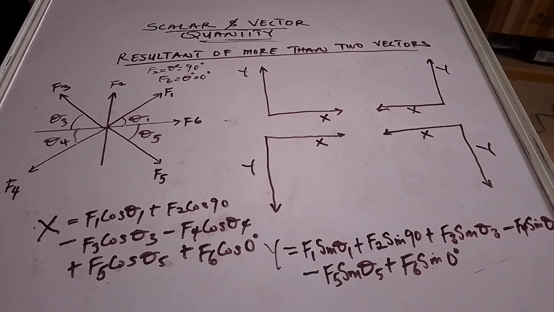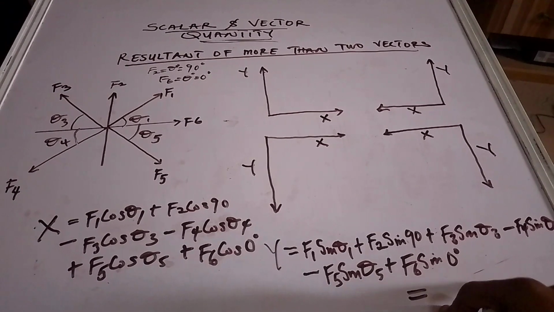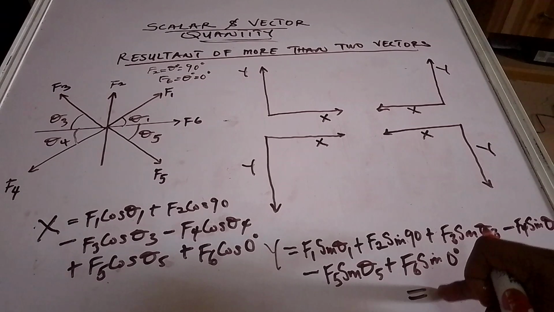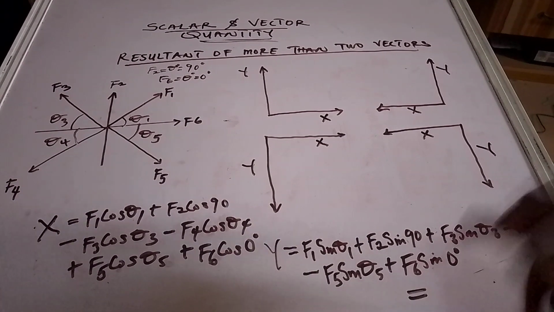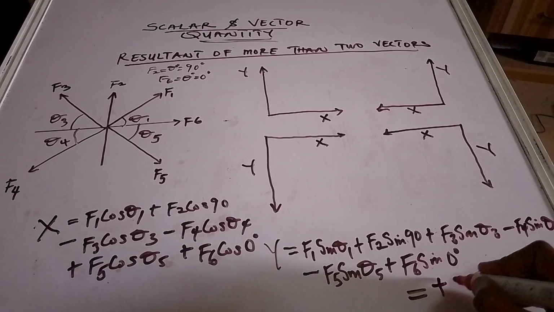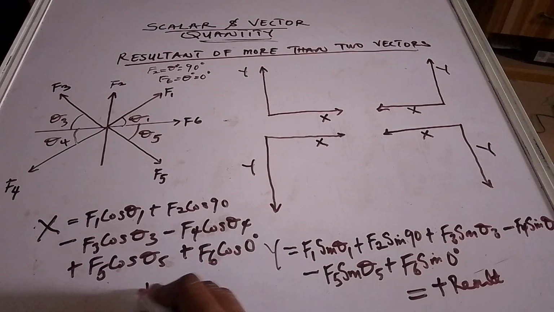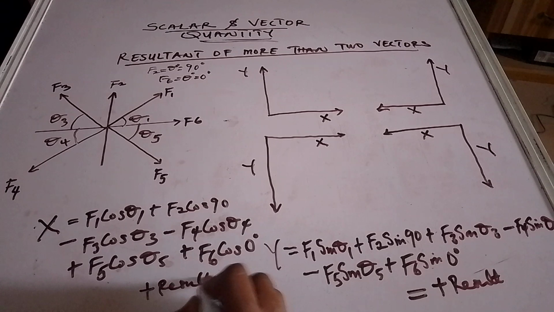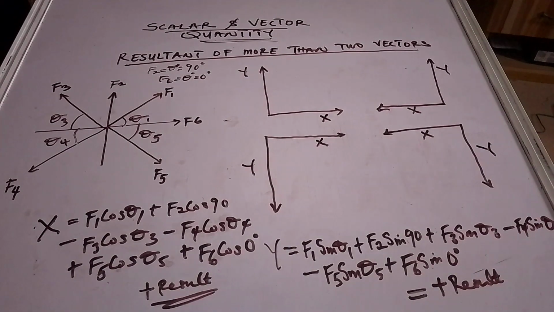If you solve this one, the result can be a positive value or a negative value. If the result you get here is positive, and you solve this one and also get a positive result, then it means your y will point towards the positive y-axis, while your x will point towards the positive x direction.